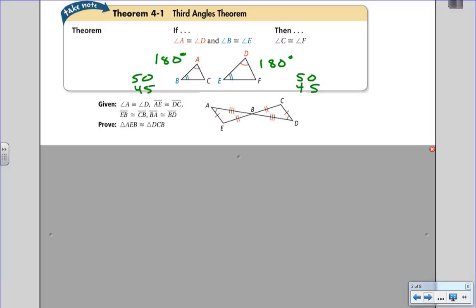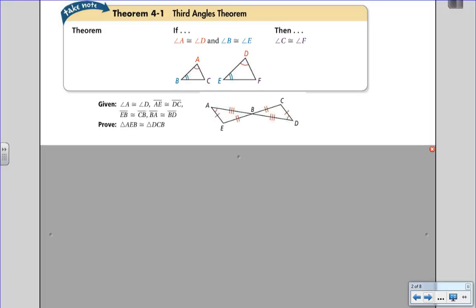We have no flexibility for C and F because we know 180 minus 95 is 85. So angle C and angle F must be 85 degrees. So the third angle theorem says those third angles of the triangles are always congruent if their first two angles are congruent.